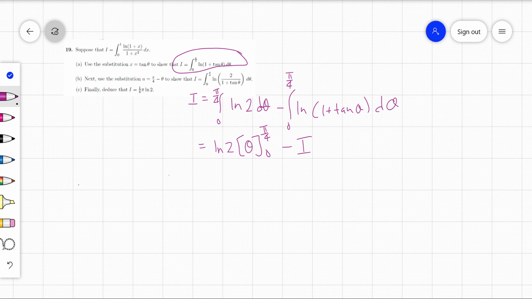So if I put that on the side, I've got 2 lots of the integral equals pi on 4 minus 0, so pi on 4 log 2. If I divide everything by 2, that integral will be pi on 8 log 2, which is what we're trying to deduce. Hopefully that helps.